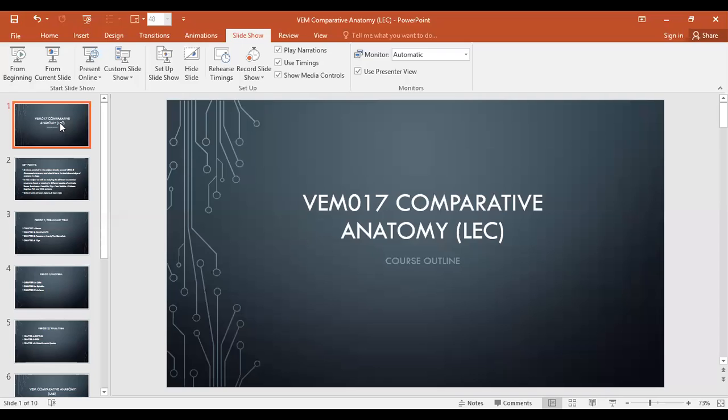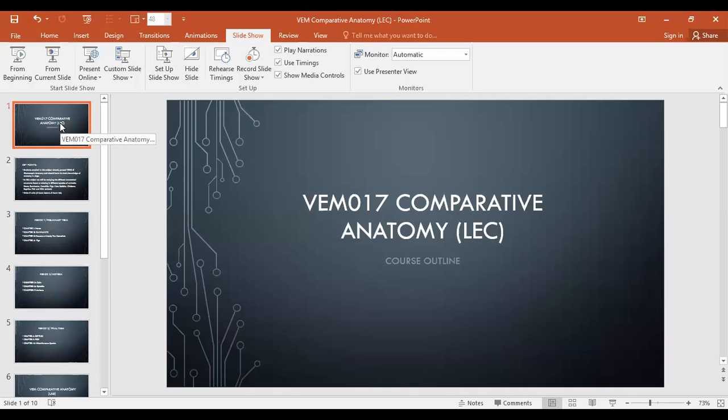Since you guys are the first batch of students who will be taking up comparative anatomy, the lab and the lec grade will be together.